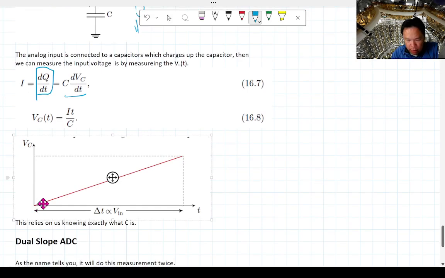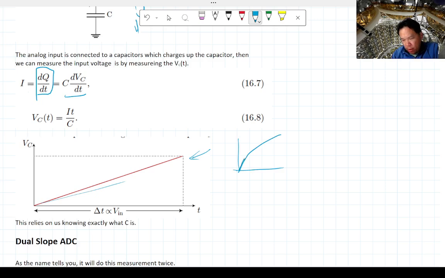So if we model this charging of a capacitor as a linear function, which technically it is not, because as you go towards the highest voltage it'll get leveled out, but you're actually measuring this way before that, so you have a pretty straight line.